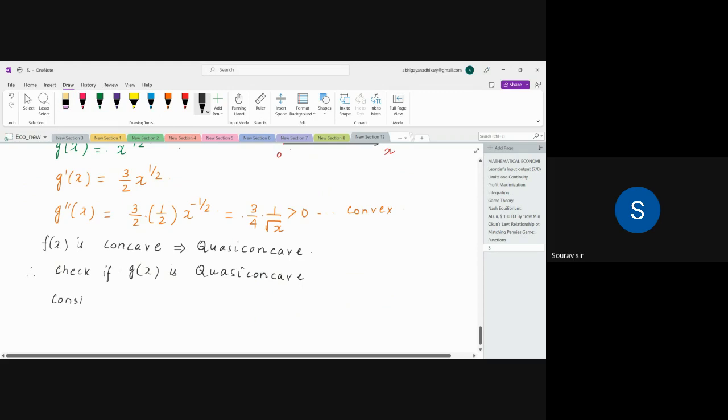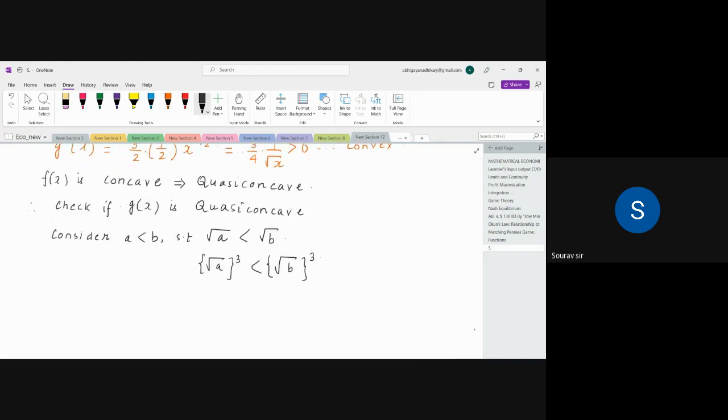Consider a less than b such that root of a is less than root of b. If you take the cube of these, root of a whole cube will be less than the cube of root b. That means a to the power 3 by 2 is less than b to the power 3 by 2. So this is the condition f(a) less than f(b), and this is the condition g(a) less than g(b).